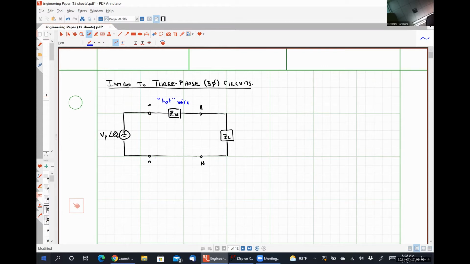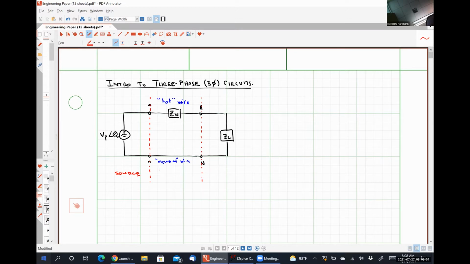And then down here on the bottom, we have what's called a neutral wire between lowercase n and capital N. And I can segregate or separate this system into three distinct parts. On the left-hand side, we have our source.